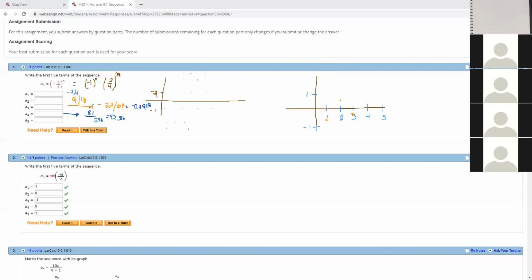And the last one, Jocelyn, when you put a 5, negative 3/4 to the 5th power, that's going to be negative. So negative 243 over 1024. Thank you.